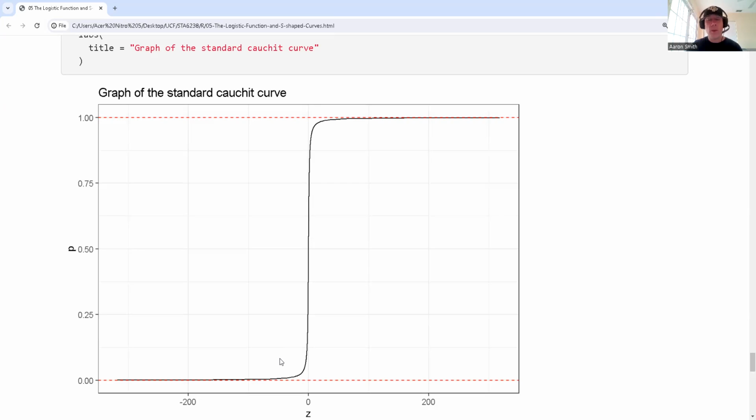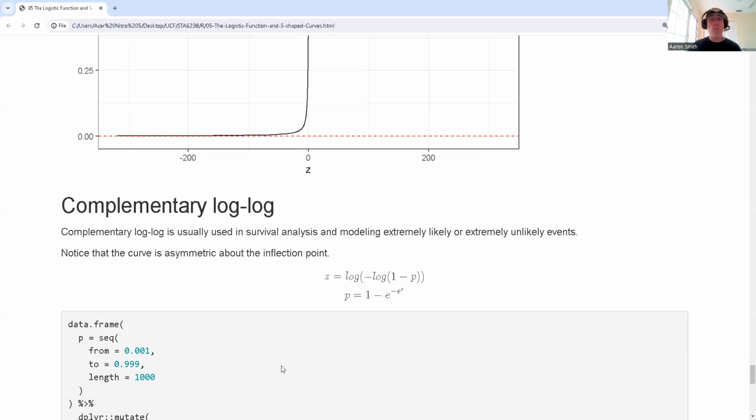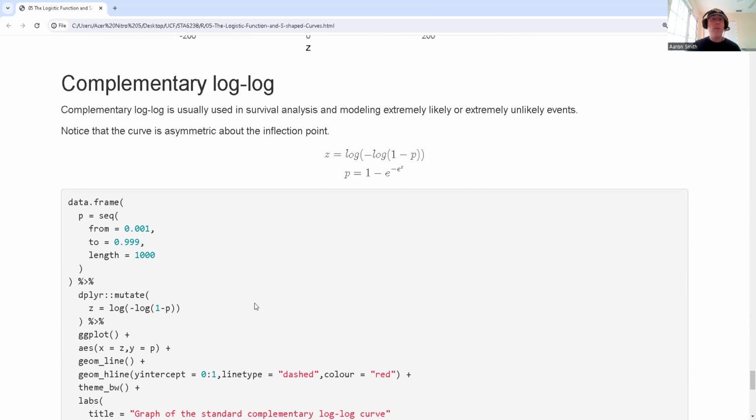Now, the complementary log-log. This is almost exclusively used for survival analysis. I've never used this for the purpose of predictive analytics, but it's a feature in the GLM function, so we can use it if we want to. We tend to use this for modeling extremely likely or extremely unlikely events, like in a situation where we have very lopsided probabilities.